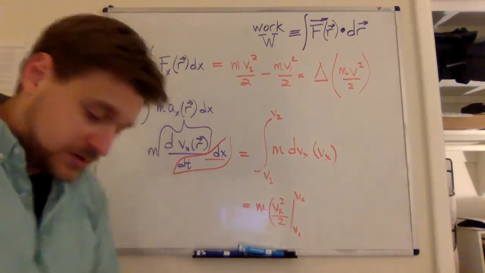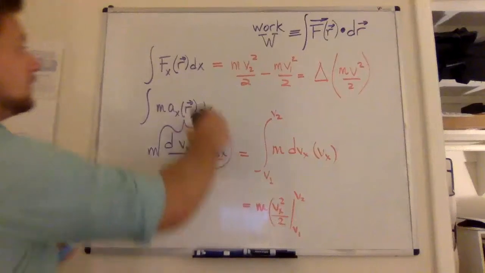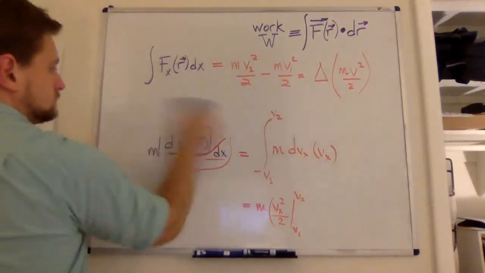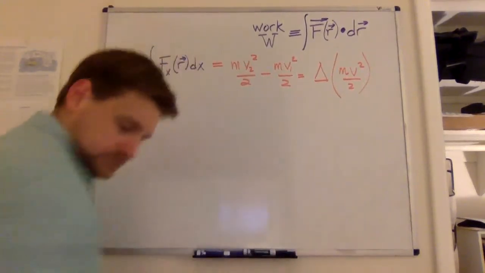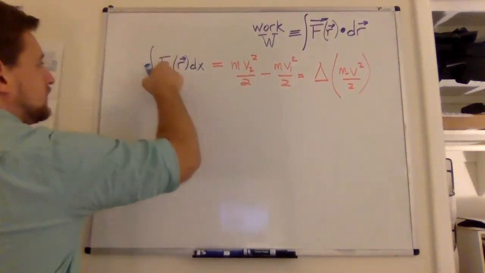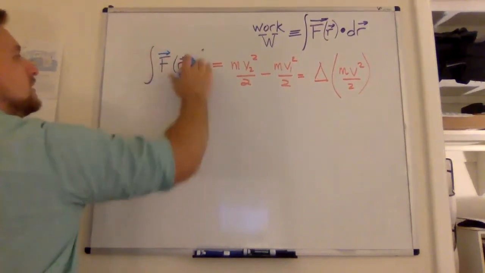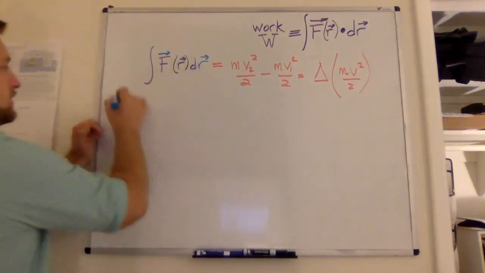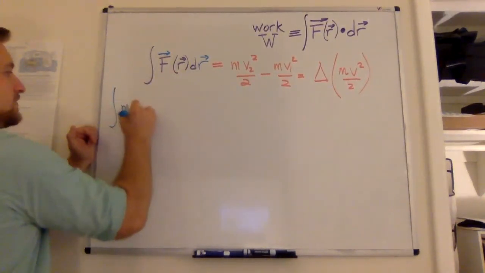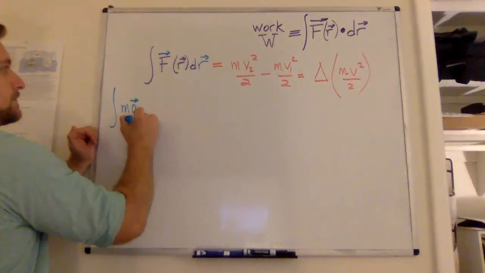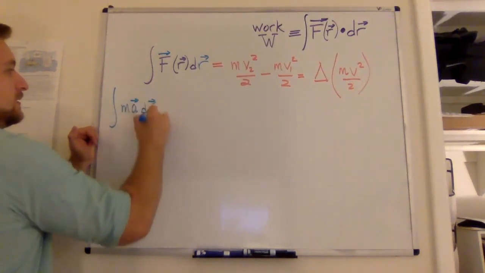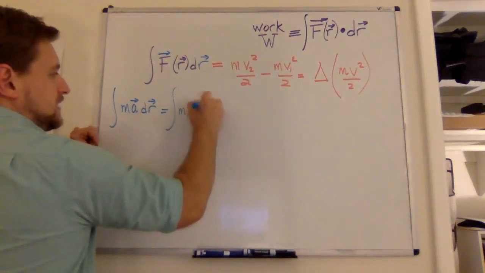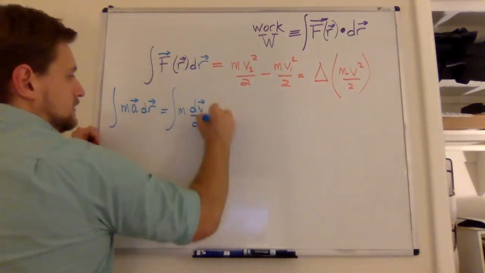Oh my gosh. Okay, wait a minute. Hold on. Let me look at that. So hold that thought. This would be force vector dot dr vector. Now force is mass times vector acceleration, dr. Vector acceleration is dv/dt.